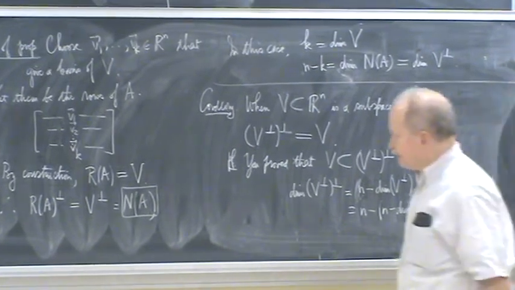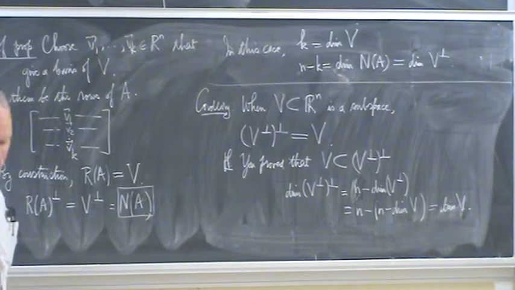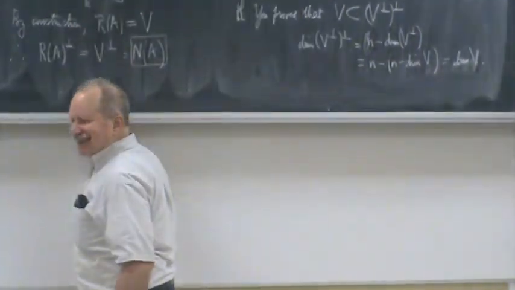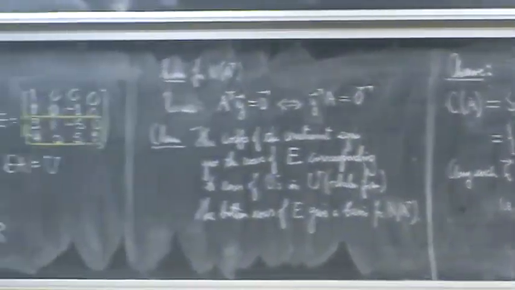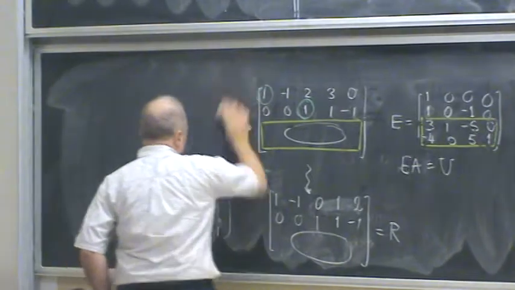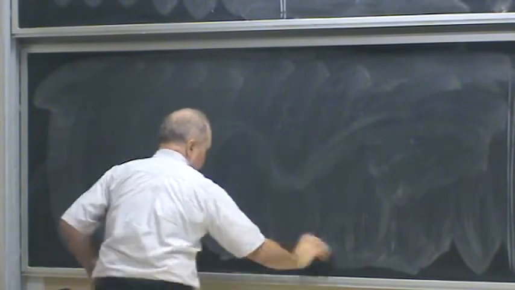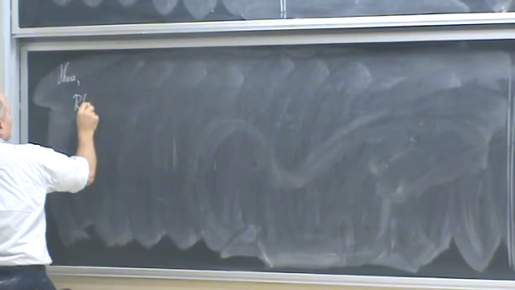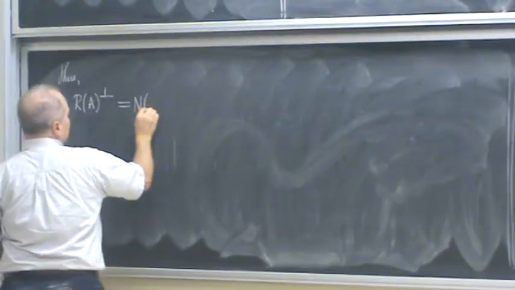So what does this mean? It means that I can go around perping to my heart's delight and I know it's all correct. So it follows that we have just established now that the perp of the row space is the null space.